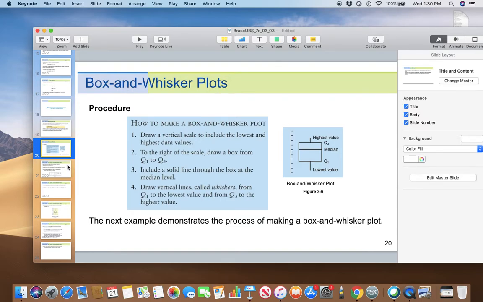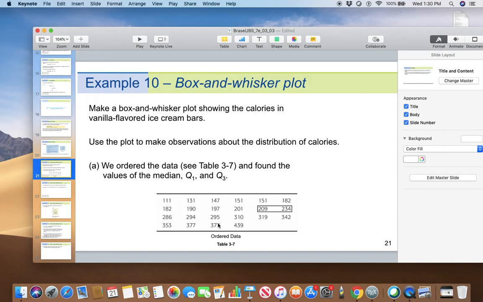All right. So now a different piece of information: calories in vanilla flavored ice cream bars.